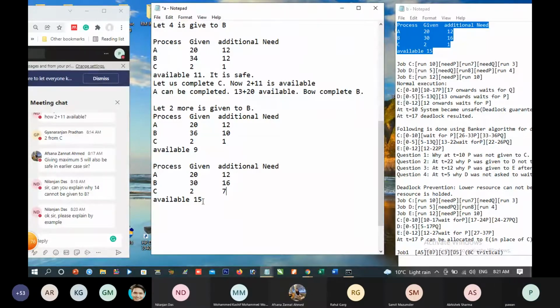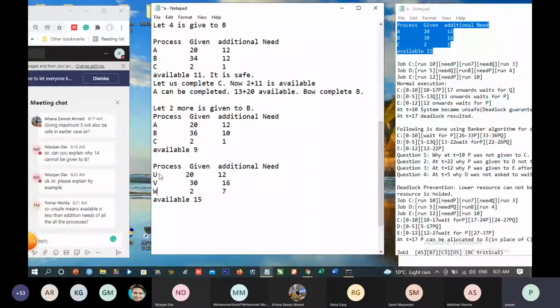Now, how many maximum resources can be given? Let me call it UVW. Is it correct? No, wrong. Tushar is wrong.